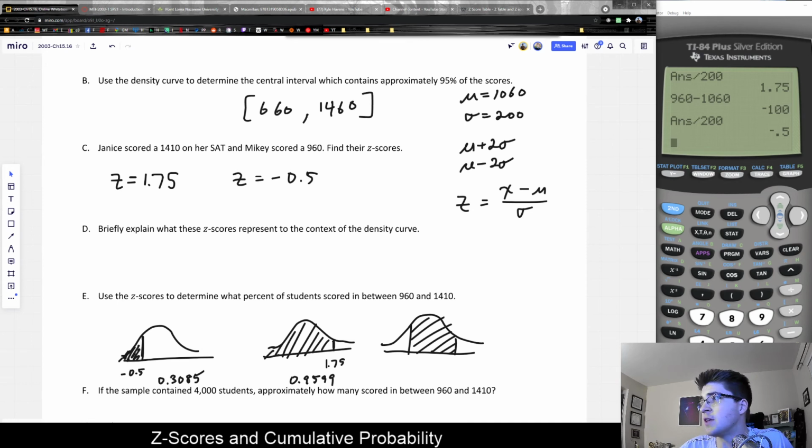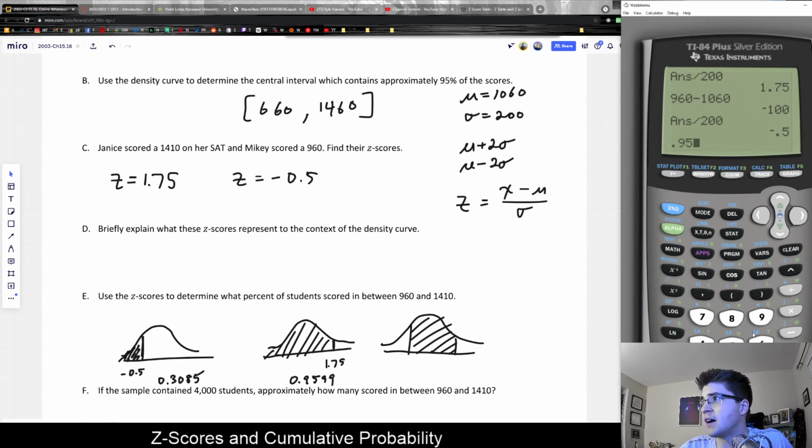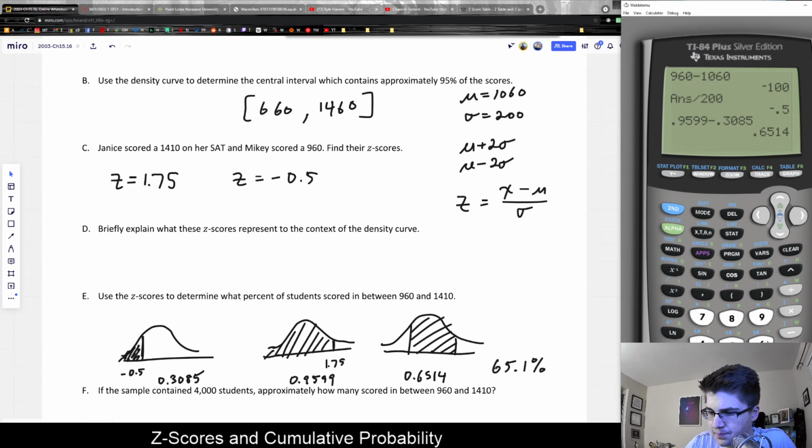And if we go ahead and do that, 0.9599 minus 0.3085 leaves us with 0.6514, or approximately 65.1% of students who scored in between a 960 and a 1410 on their SAT.